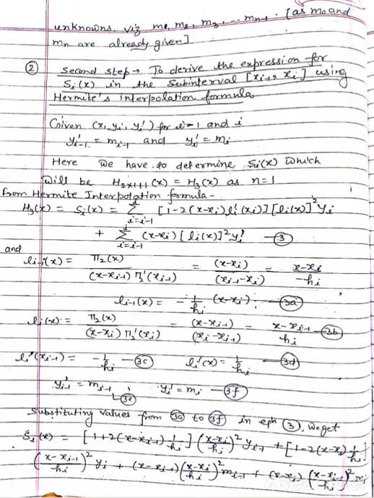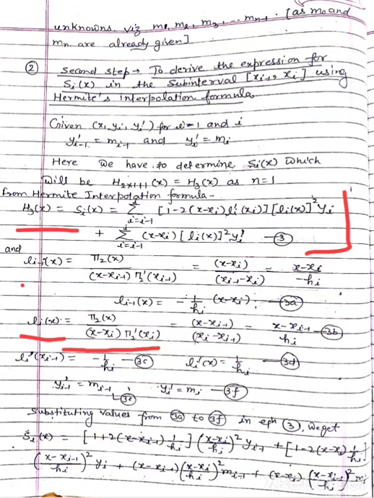So h3x is given by s3x, which will be equals to Six equals to this is the Hermite interpolation formula, and the summation is over i minus 1 to i, and Lix is defined by this equation here, and let us determine the different values for Lix and Lix dash.